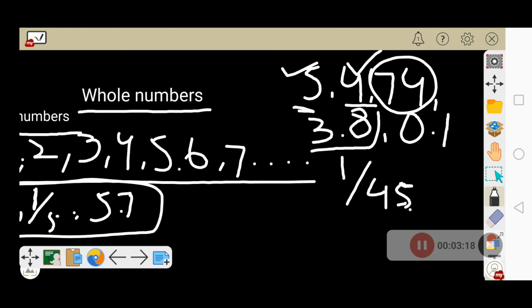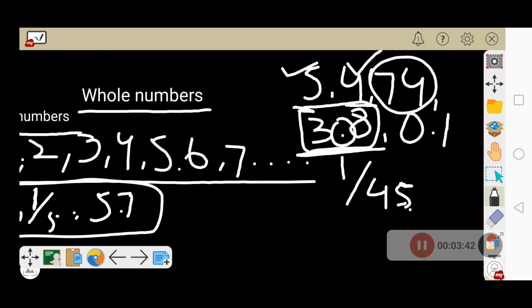But if we see 3.8, then we can see that this number has a decimal sign, which means that this is still a number, but it is not a whole number. This is the difference between whole numbers and simple numbers.